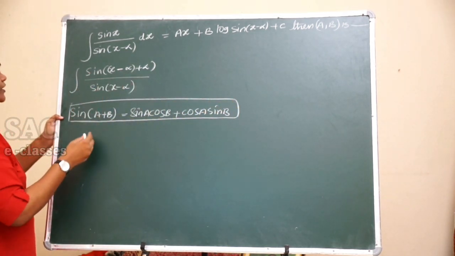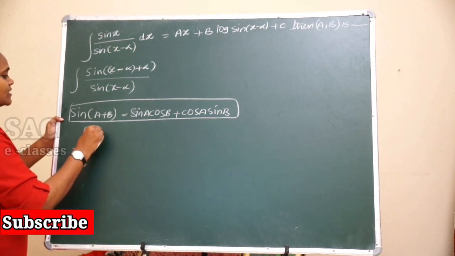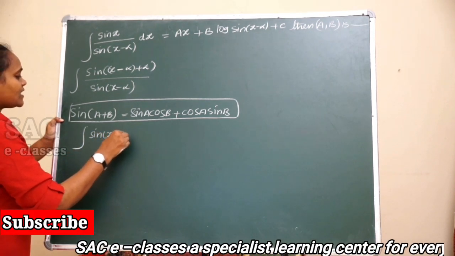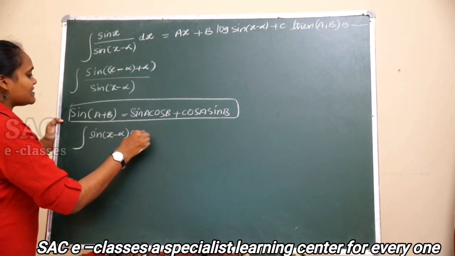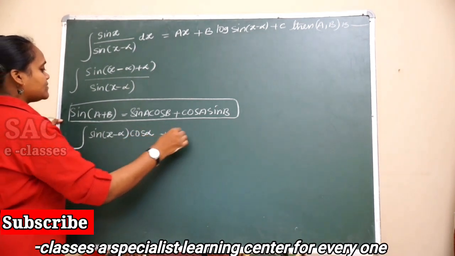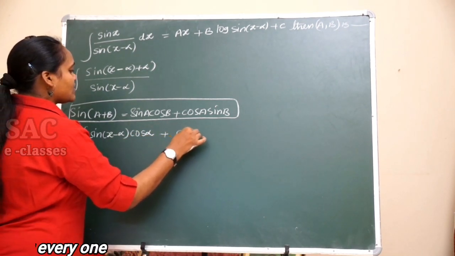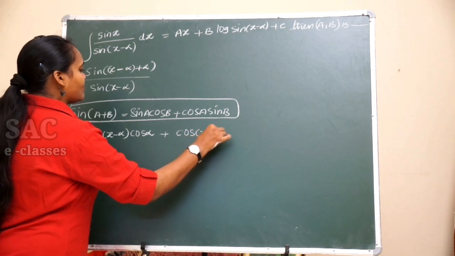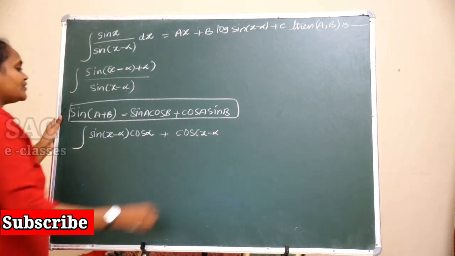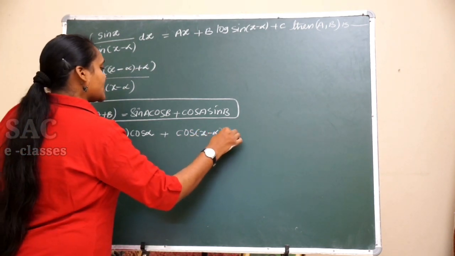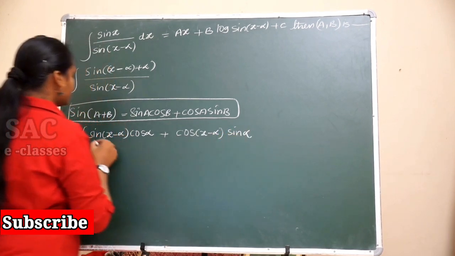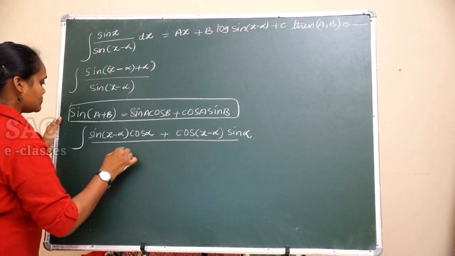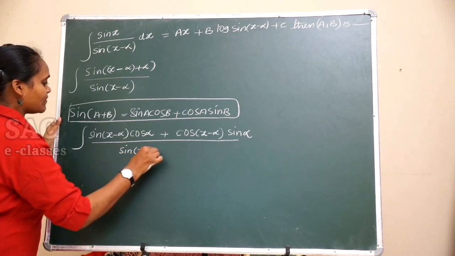So split according to that. Integration of (sin(x − α) cos α + cos(x − α) sin α) whole by sin(x − α).